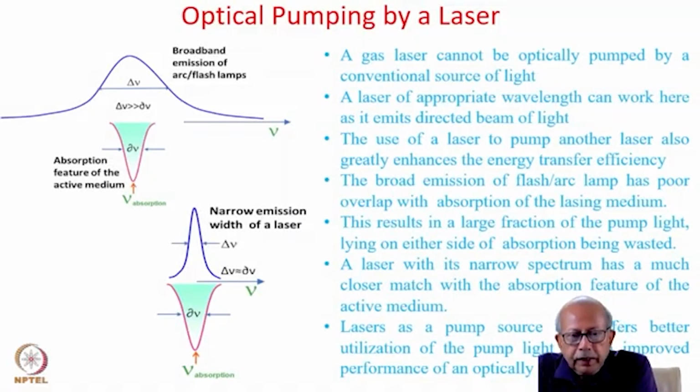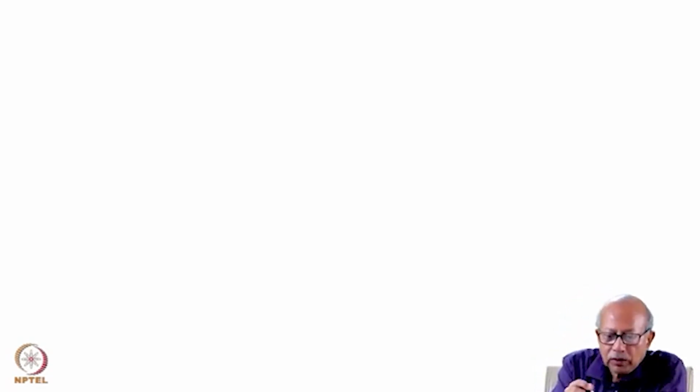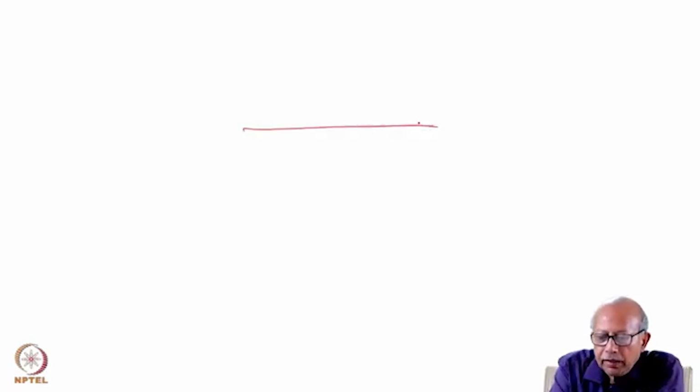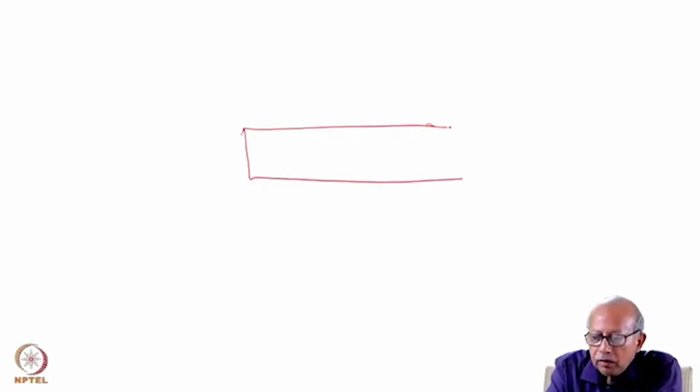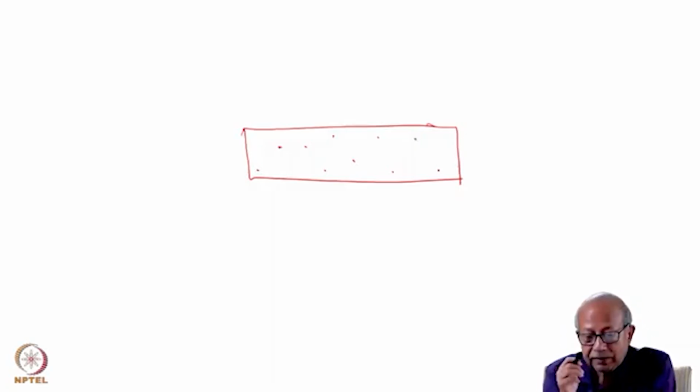All right. In the last class, we have seen that a conventional source of light is not suitable for optical pumping a gaseous medium. That is because, I will very briefly explain once again, in a gaseous medium there are a lot of empty spaces between the atoms or molecules which make up the gas.